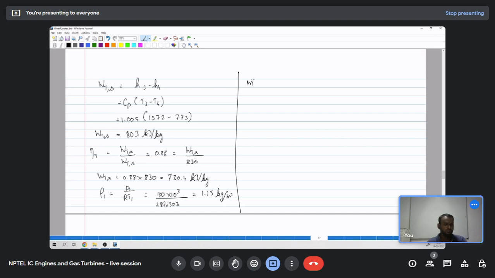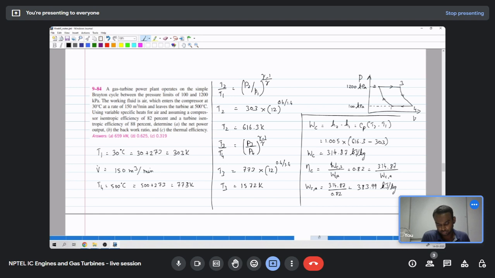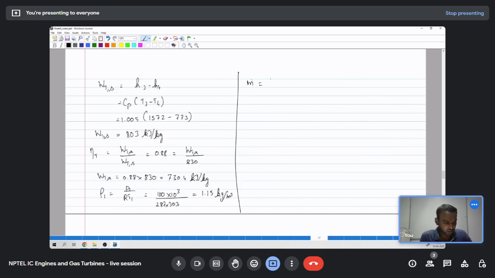So m dot is V dot into rho. V dot is 150 by 60 into rho is 1.15. This is 2.87 kg per second.